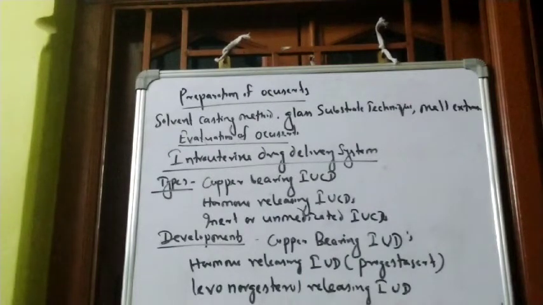Generally this IUD is inserted within 7 days after unprotected intercourse, to prevent unprotected pregnancy, and professional organizations have endorsed these IUDs as first line contraceptive devices.